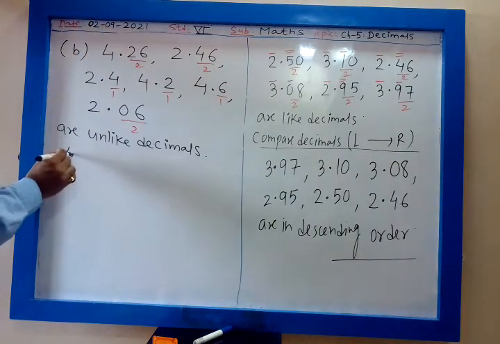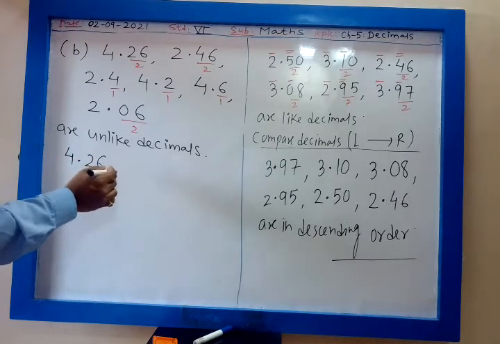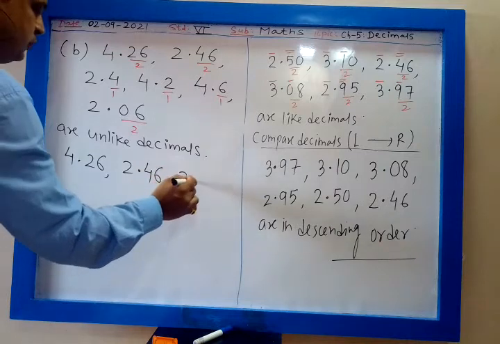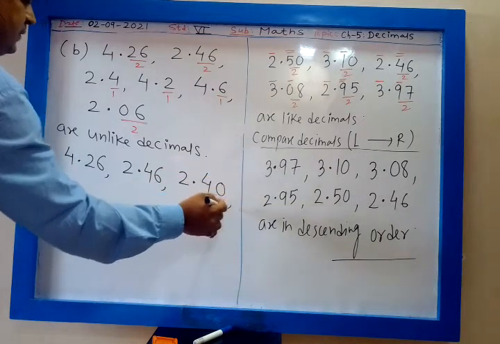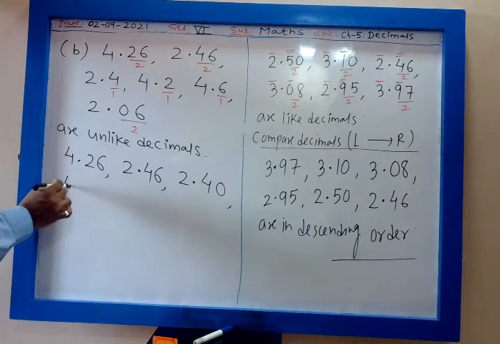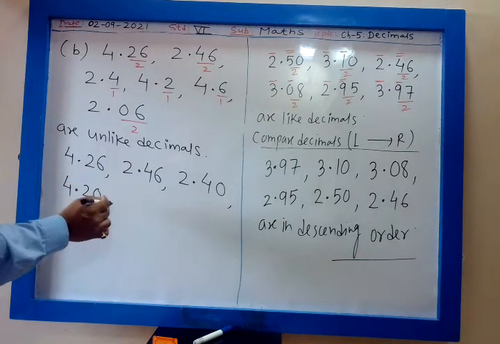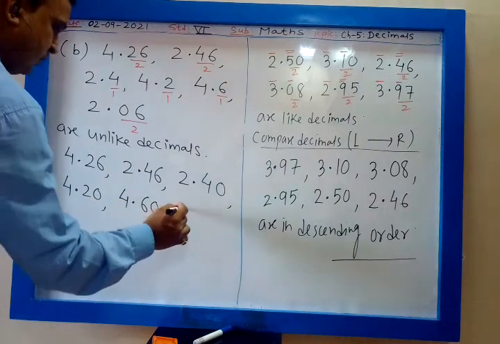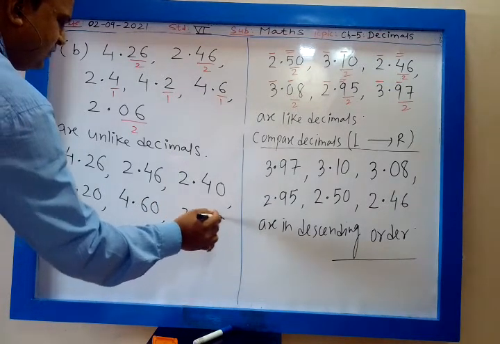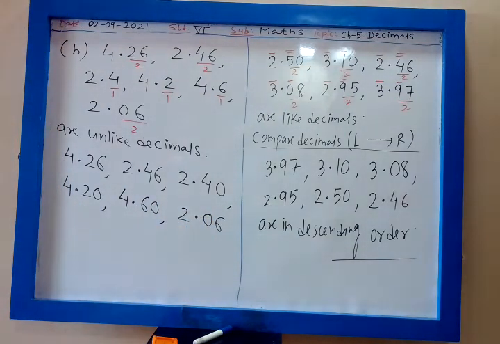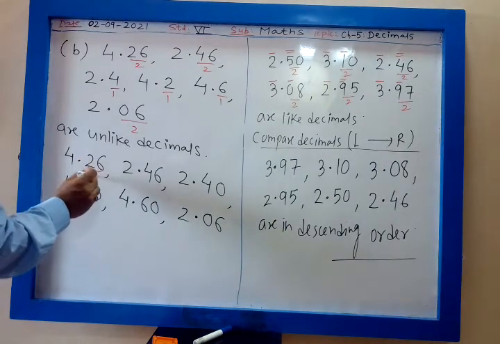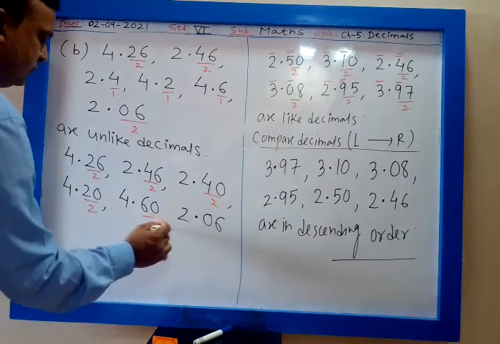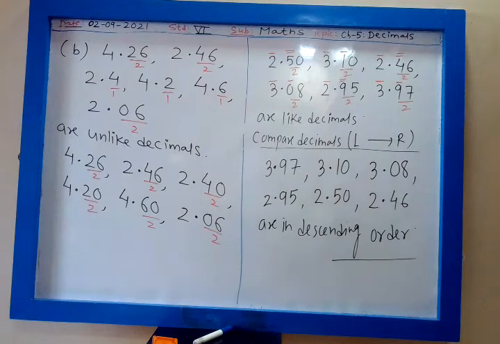So first is 4.26, then 2.46, then 2.4, which I will write 2.40, then 4.2 as 4.20, then 4.6 as 4.60. Now all have 2 decimal places, so they are like decimals.